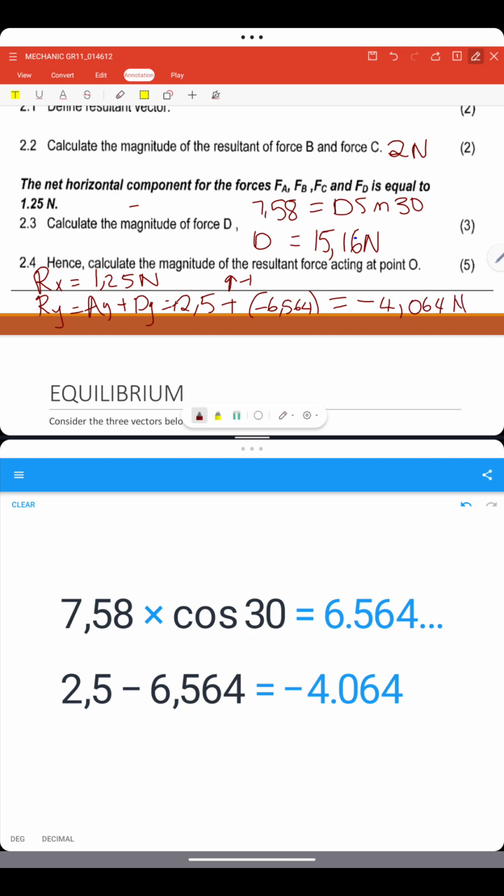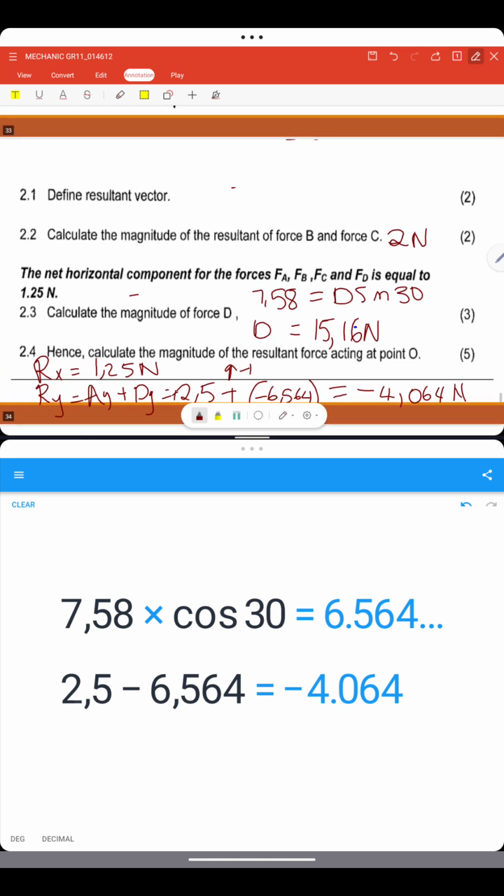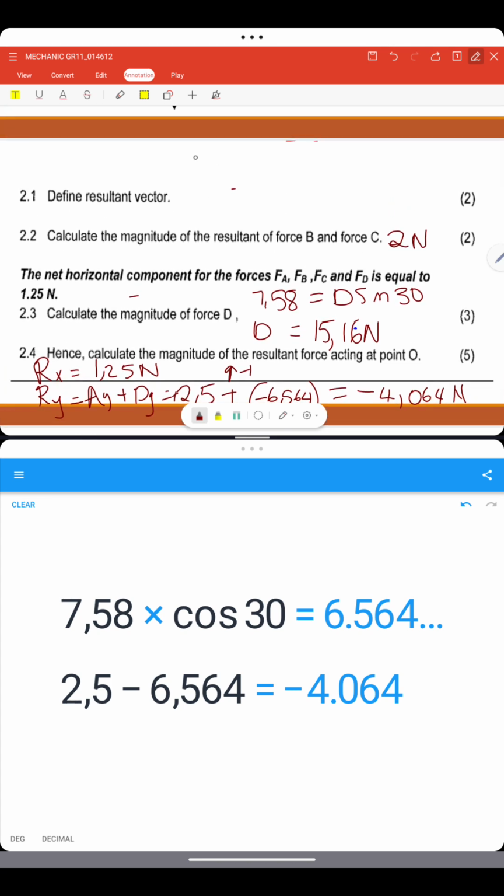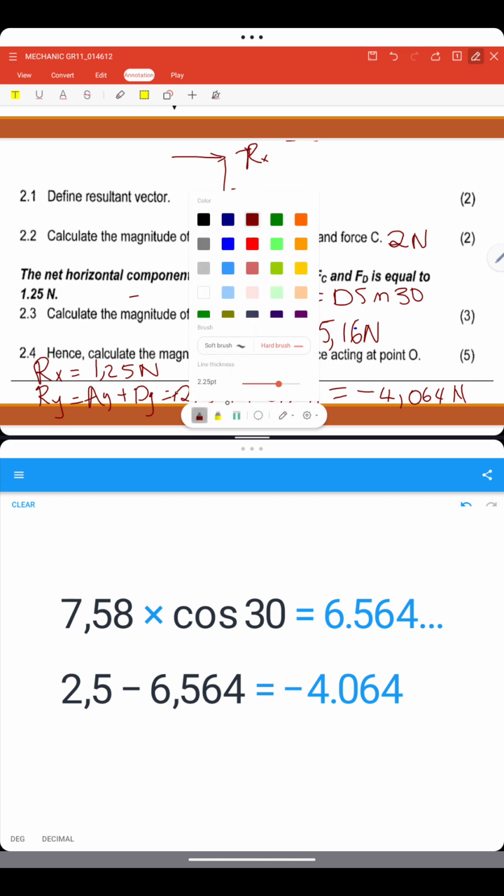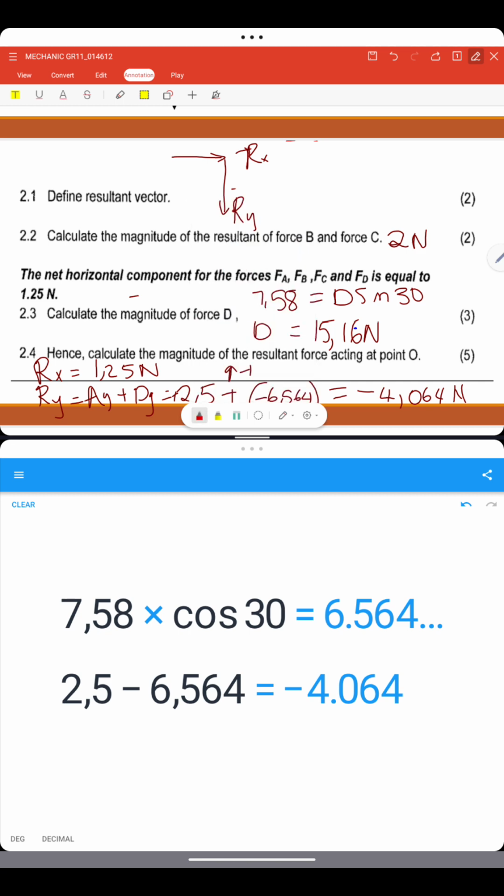And I can draw out these components for myself. The x component is positive. This is Rx, and then the y component is negative, meaning downwards. And then remember that the resultant will be from the tail of the first one, which is Rx, to the head of the last one, that is R.